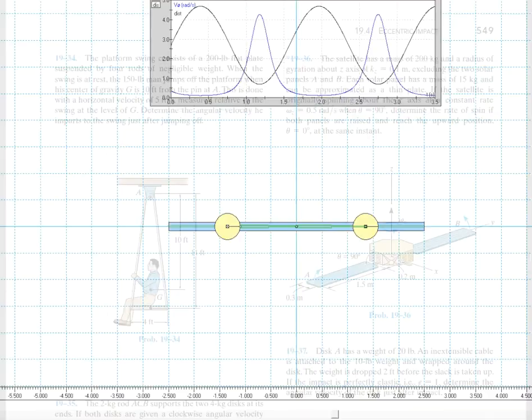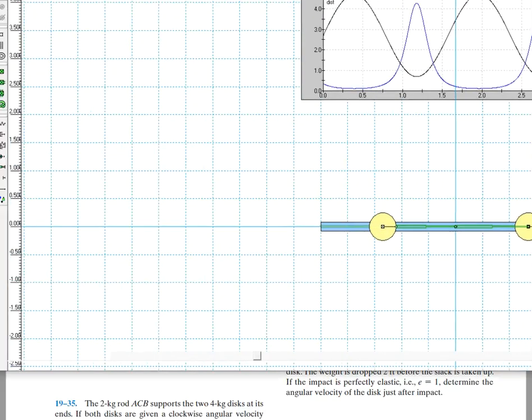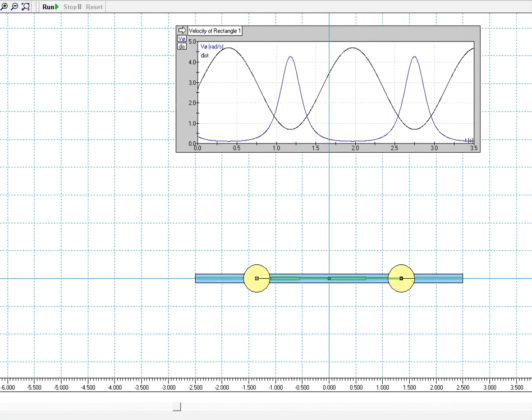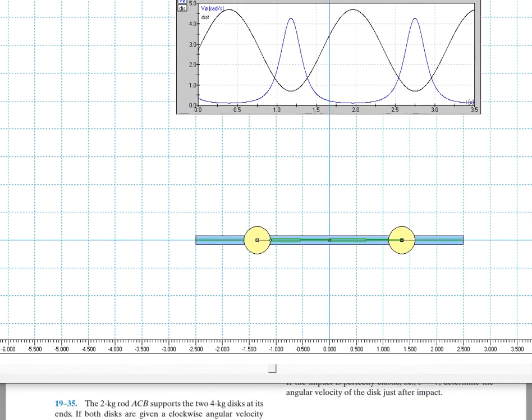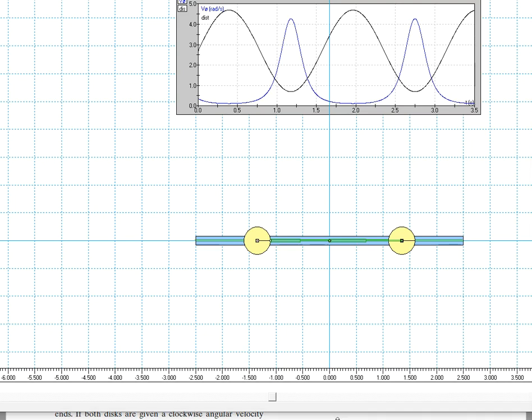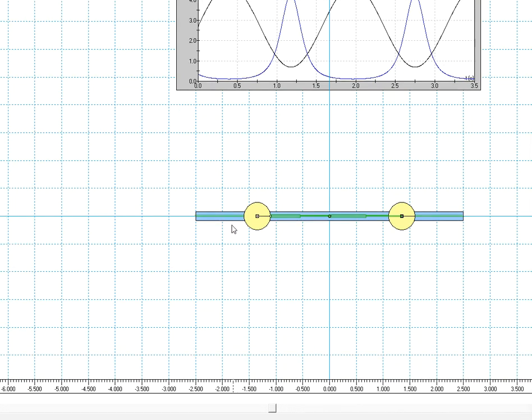So what I did, I prepared a working model, and it shows a system consisting of a rod and two identical masses.